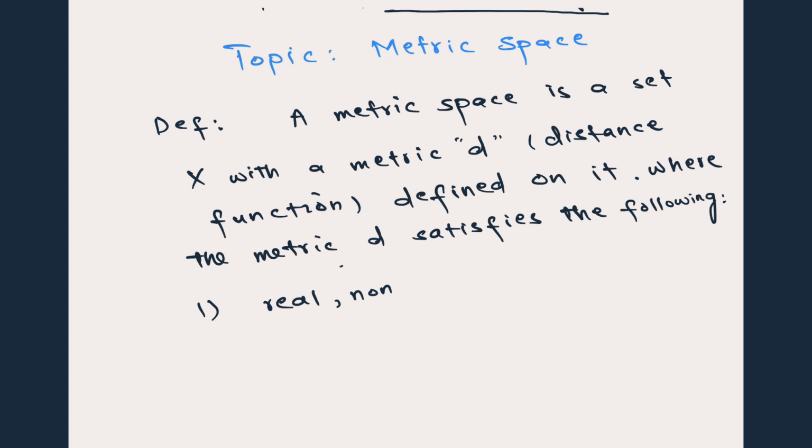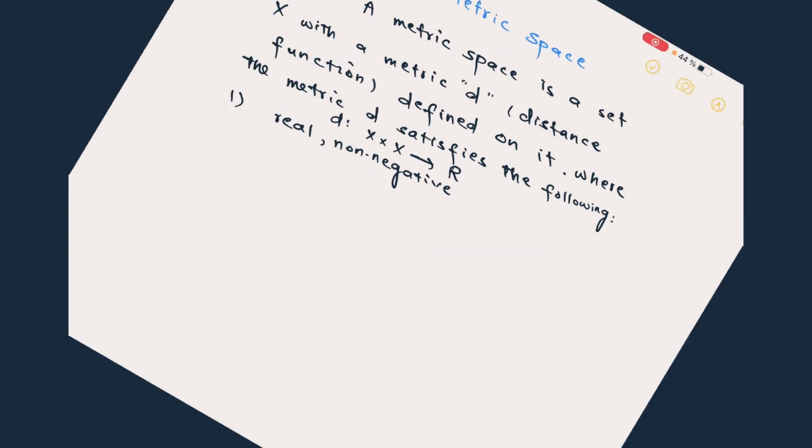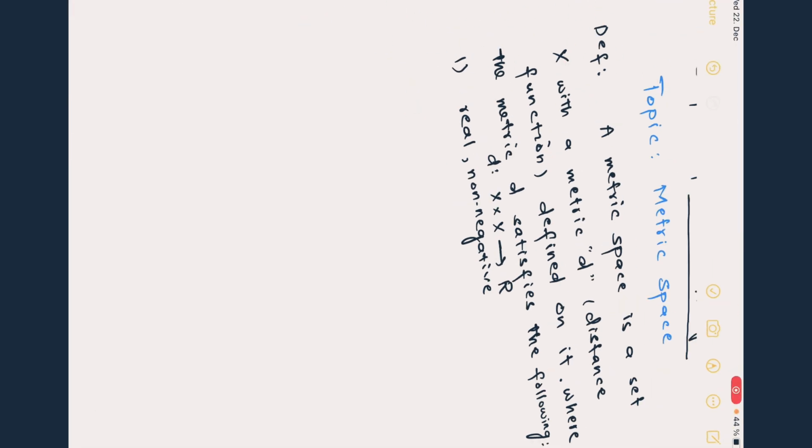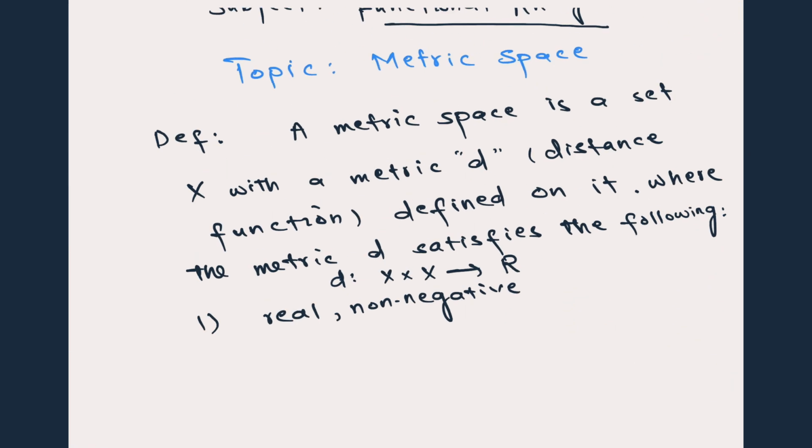So, this metric is actually a function from X cross X to real numbers. It will take two elements and will give you some real number, and non-negative, and it is also finite.